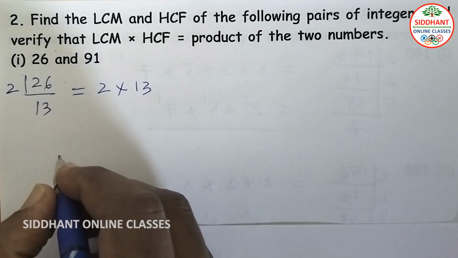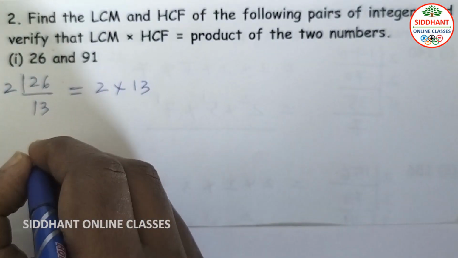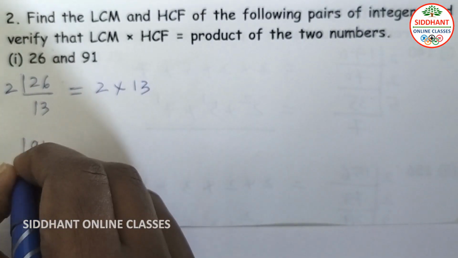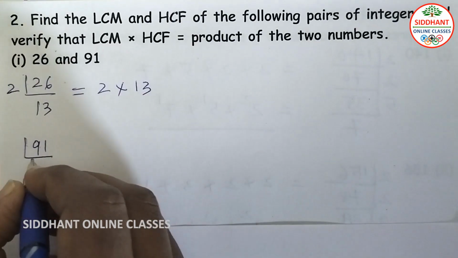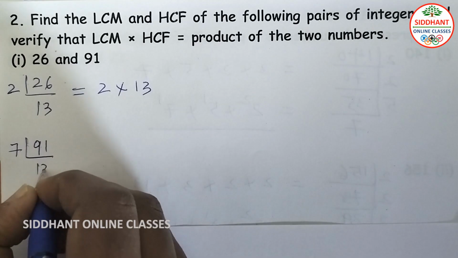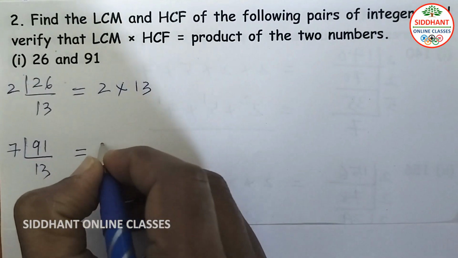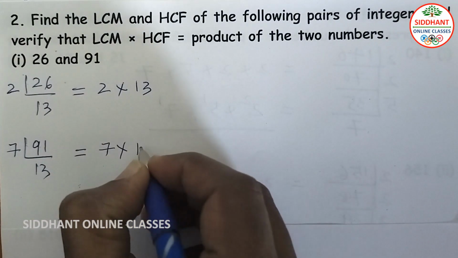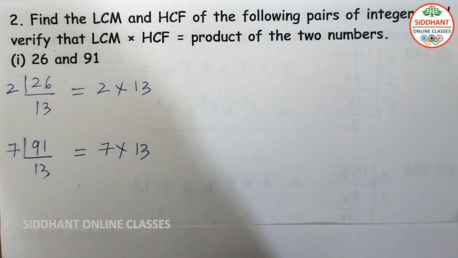Then 91 divides by 7 and we get 13, so 7 into 13.